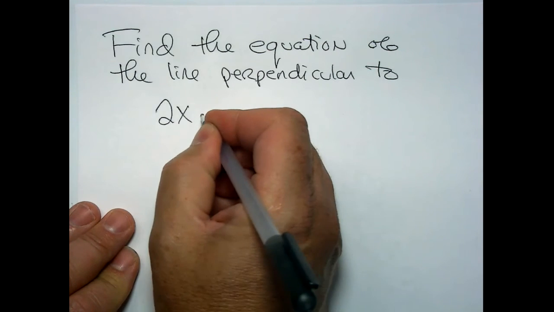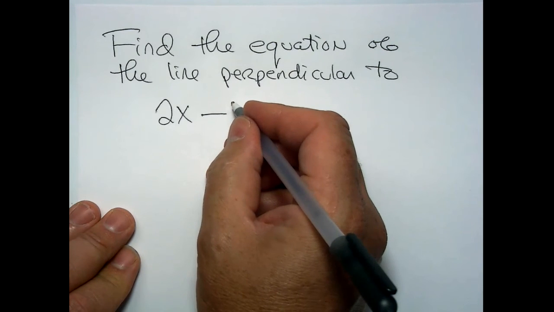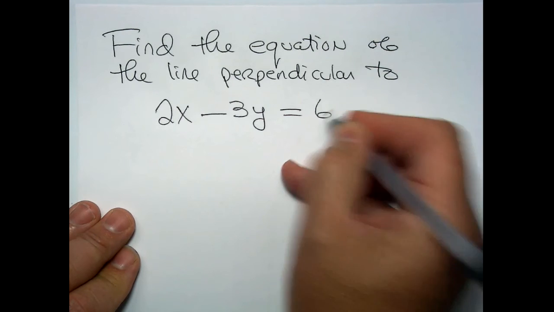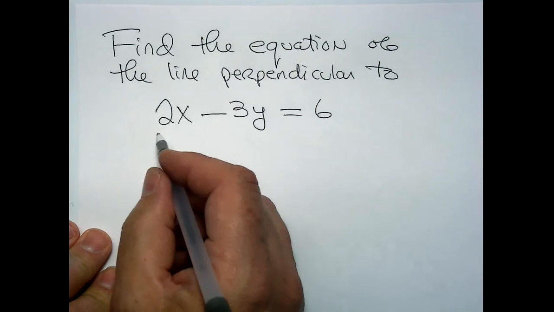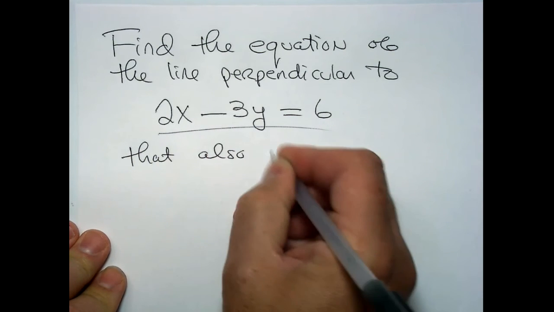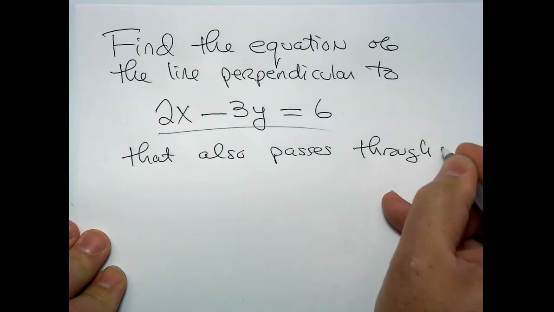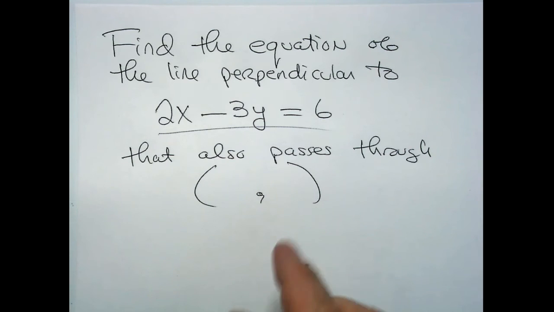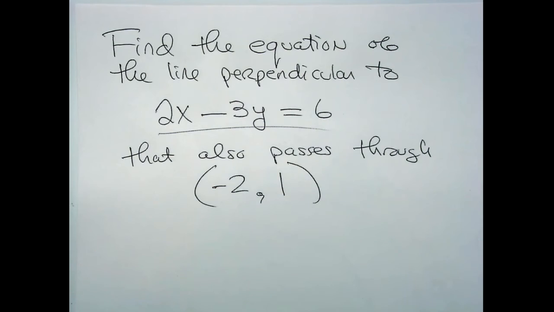So let's do 2x minus 3y equals 6. So that's my initial line. So find the equation of the line perpendicular to that line that also passes through this point. And let me come up with a good point here. How about negative 2, comma 1?